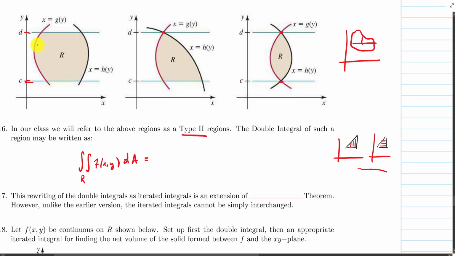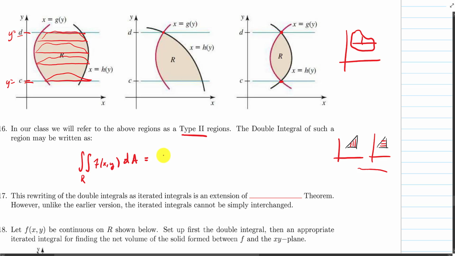if you draw these cross-sectional slices that we have here, imagine some function living above here like we did in that previous image. Those cross-sectional slices are going to start at y equals c, because we're going to start down below here, and then they're going to stop at y equals d.